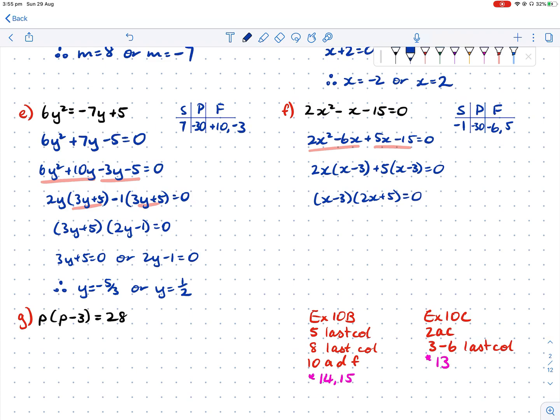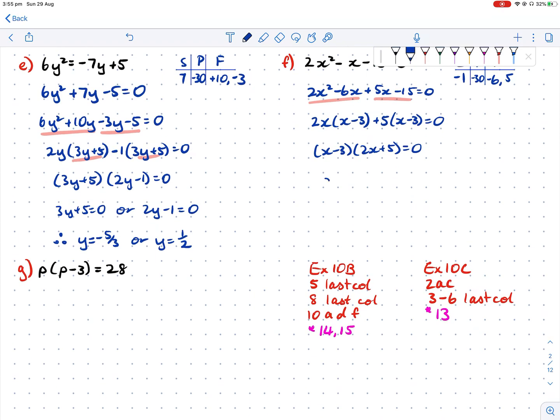So once we're down to here, we can now solve, we can split it. So either x minus 3 equals 0 or 2x plus 5 equals 0. And when we solve these linear equations, therefore, x equals positive 3 or x equals minus 5 over 2. Okay, so again, you've got two solutions.